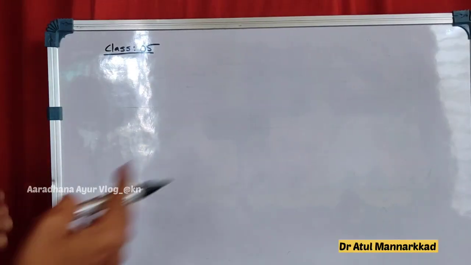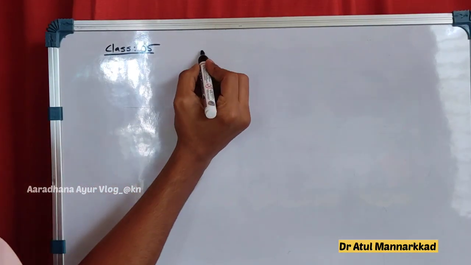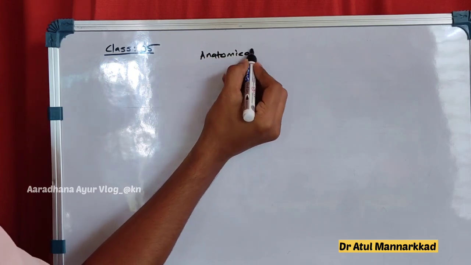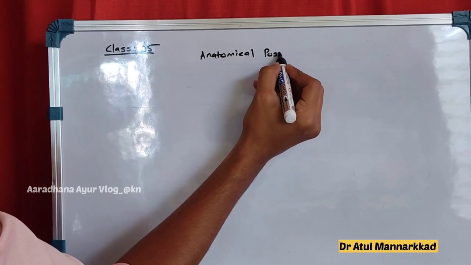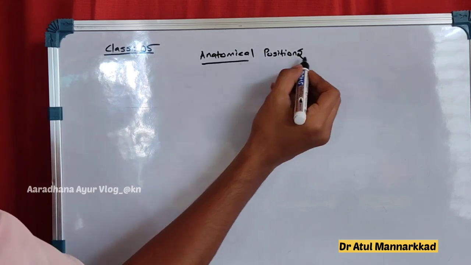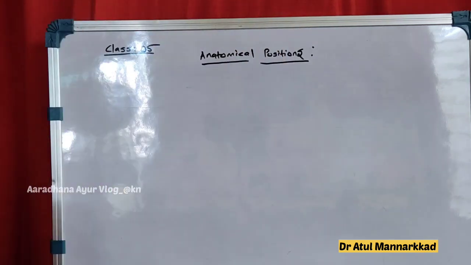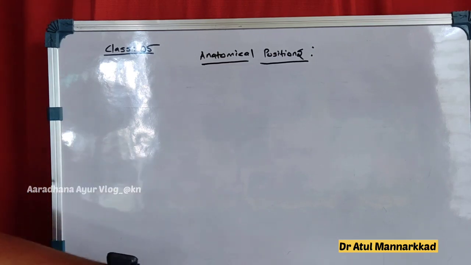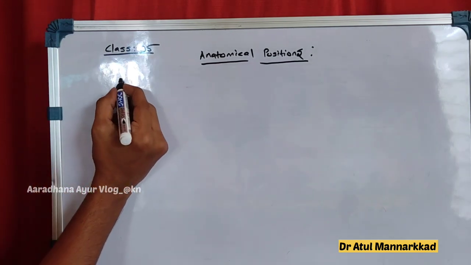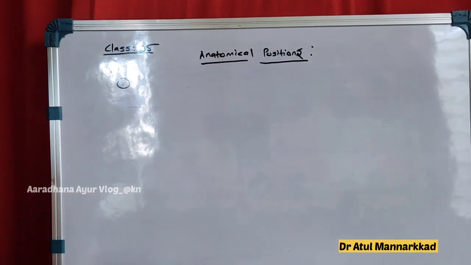Let's see the very important portion, that is anatomical position. How we describe an anatomical position is very important from the syllabus point of view as well as for knowledge also.